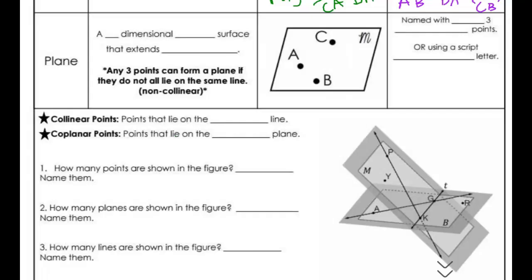Is your pencil a line, a ray, or a line segment? Line segment. What about this dot right here? The points. So you have points, line segments, and a plane. It's like a flat surface.